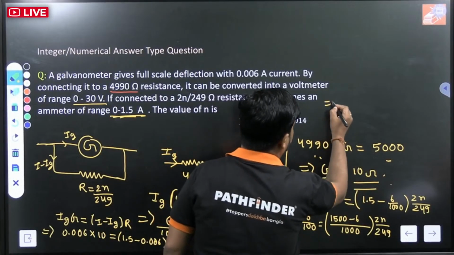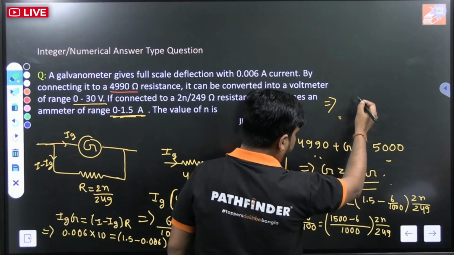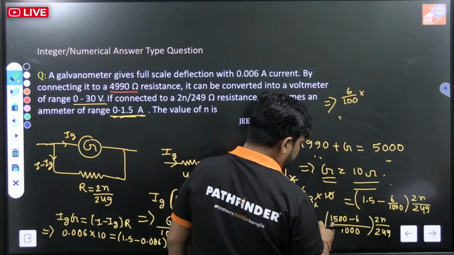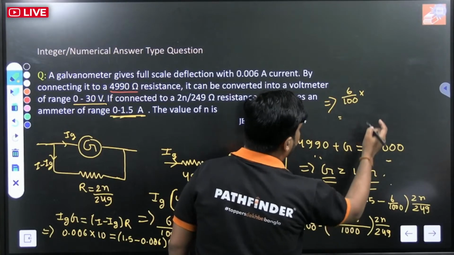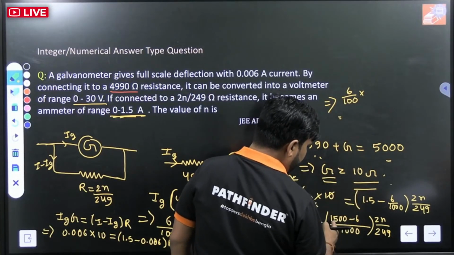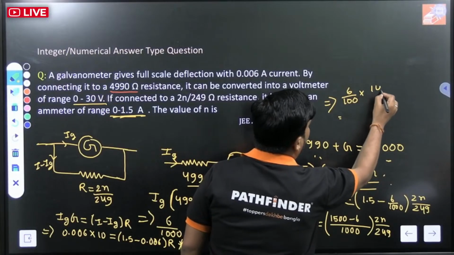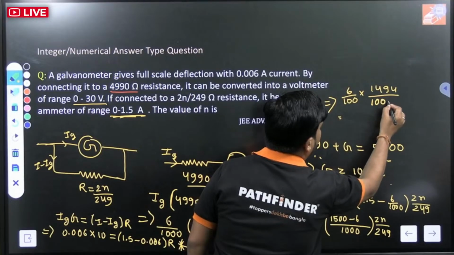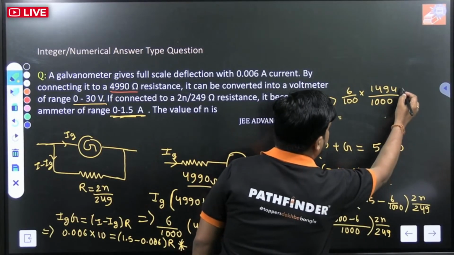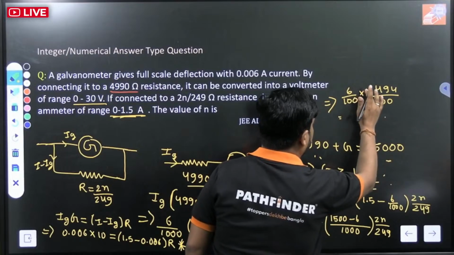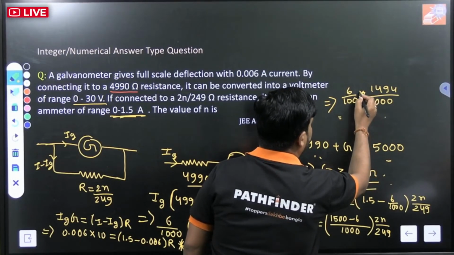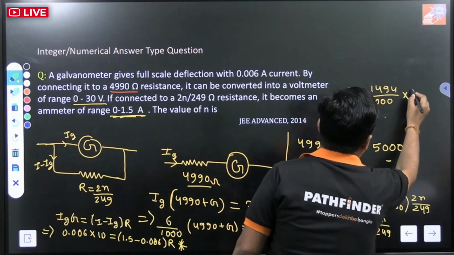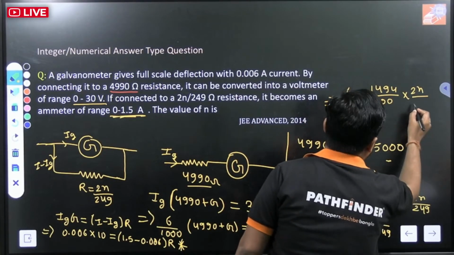So after that, 6 by 100 into 1500 minus 6, so it will be 1494 divided by 1000, so 6 by 100 equals 1494 divided by 1000 into 2n by 249.